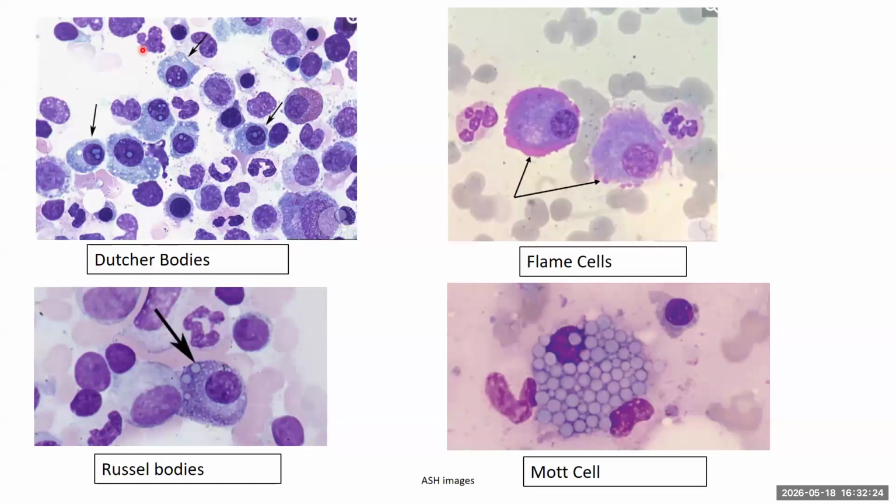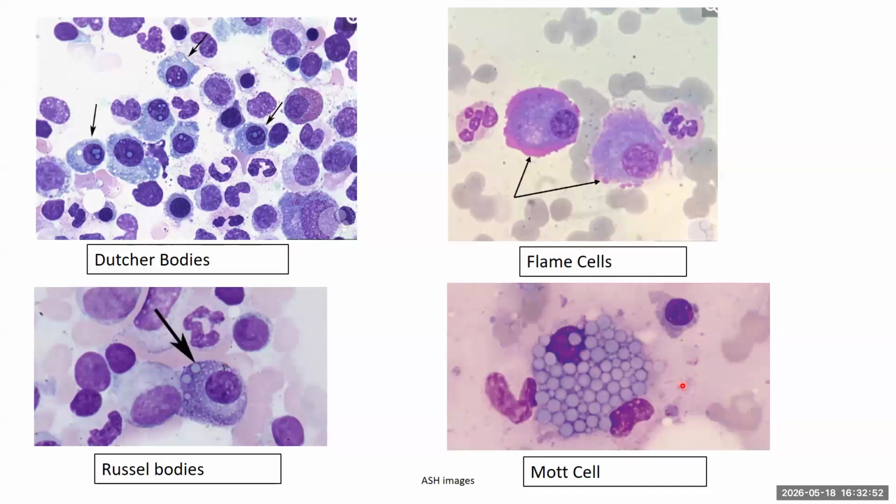So these pictures depict some atypical plasma cell morphology, which our patient did not have, but just for interest's sake, we can have Dutcher bodies, which is essentially invagination of the cytoplasm over the nucleus, as depicted here. We can have flame cells, which is the eosinophilic appearance that can be seen at the periphery of the plasma cell.